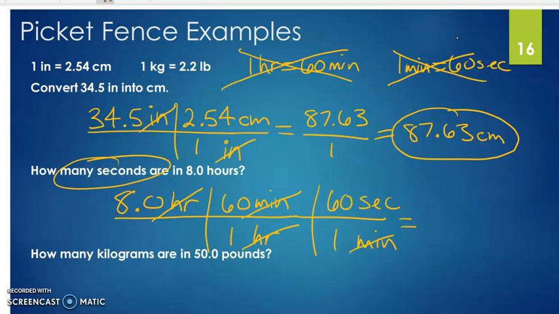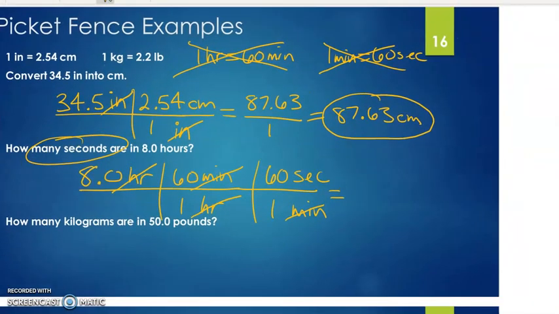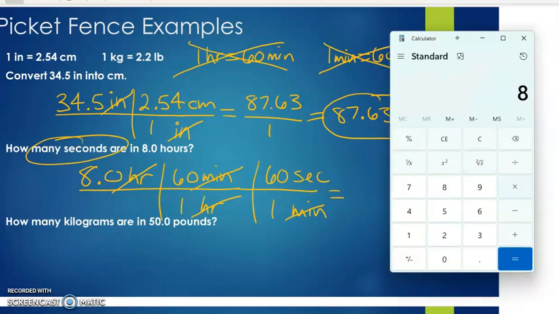Minutes cancel in the top and the bottom. So again, we would multiply everything in the top: 8 times 60 times 60. And again, in the bottom, it would be 1 times 1, which is just 1. And this would be our final answer. This is how many seconds I would have. And I want you to try the next one on your own.